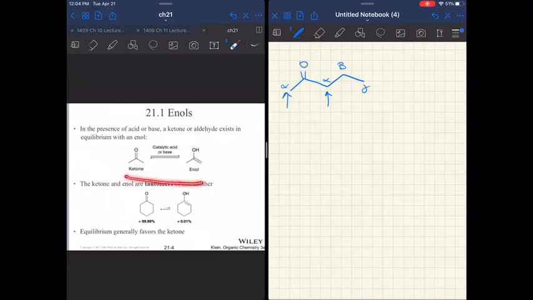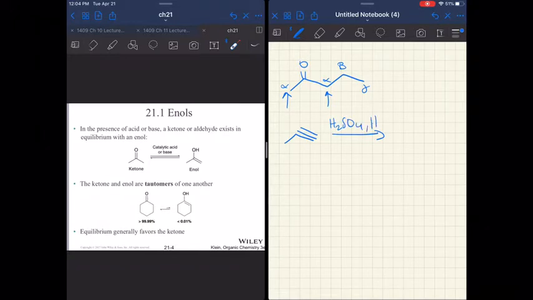Now, we have seen this transformation, but in the other direction, this tautomerization in Organic 1. You know this reaction from Organic 1 where you have a triple bond and you add water across it, and it can be Markovnikov or anti-Markovnikov. I'm just going to look at the Markovnikov version.